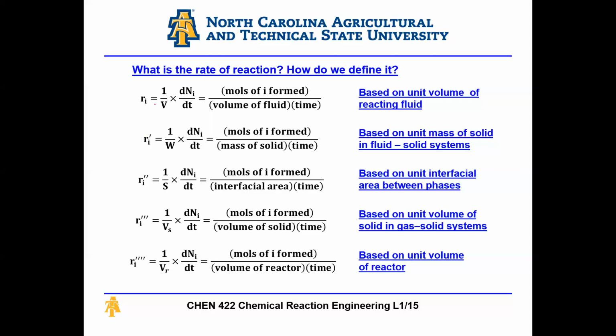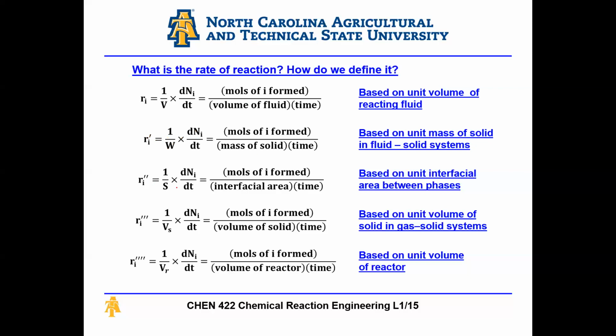We can also represent the rate of reaction in terms of other volumes or other mass parameters within your reactor. For example, I could represent it based on unit mass of solid in a fluid-solid system. In this case, my reaction rate will be Ri, and the typical convention is to use a prime at the top here, 1 over W multiplied by dNi by dt, where W is the mass of the solid.